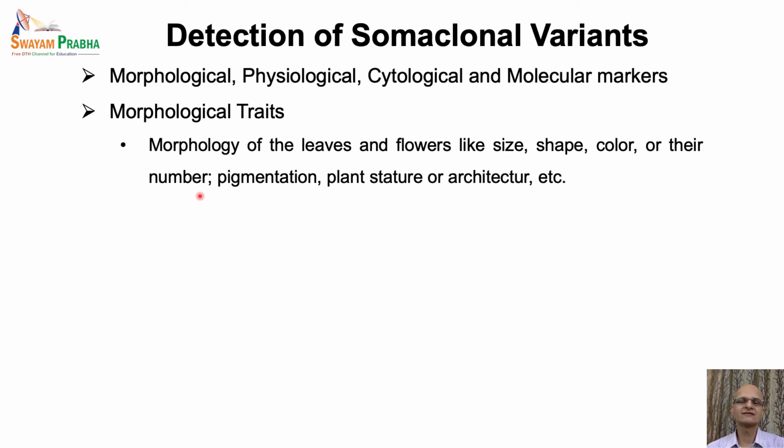Various morphological traits that have been used in the past for variant screening include traits related to the leaves or flowers, like size of the leaves or the flowers, their shapes or the colors specifically associated with the flowers, or their number, type of pigmentation that can result in different colors, plant stature or the architecture of the plant, and so on.